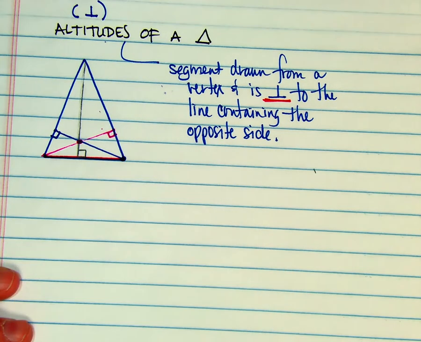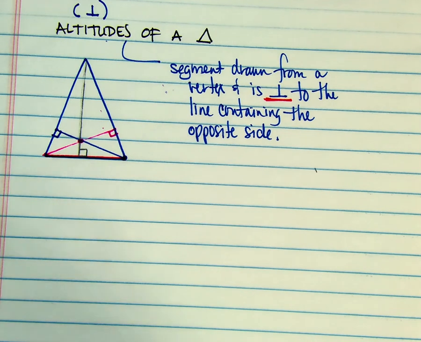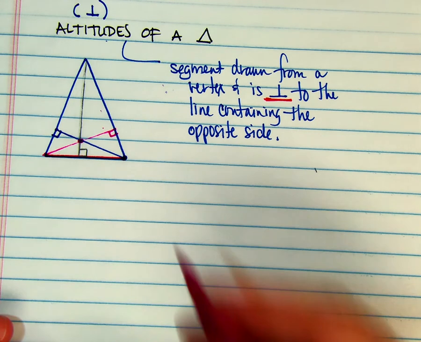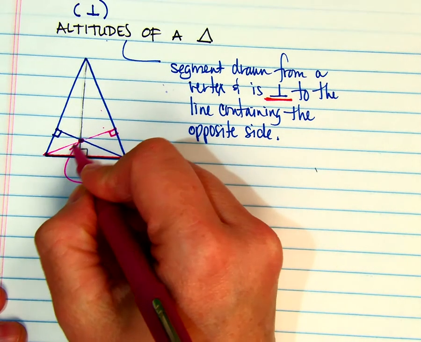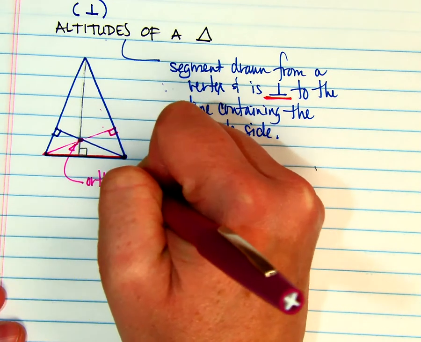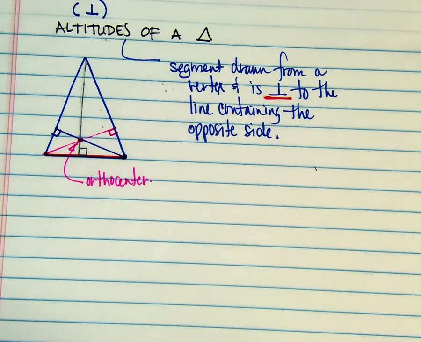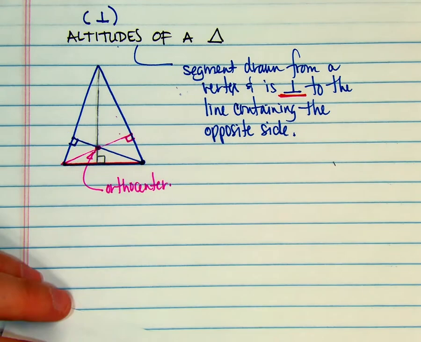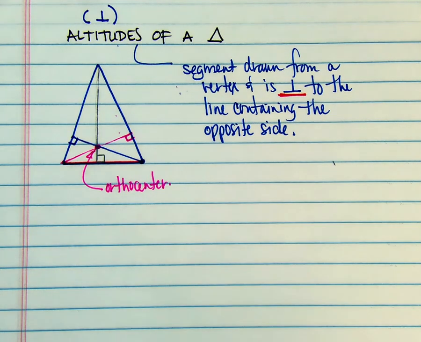Where the 3 altitudes intersect is called the orthocenter. More of a tidbit. Orthocenter. So if you are drawing 3 altitudes and they are not intersecting, then something is definitely wrong.